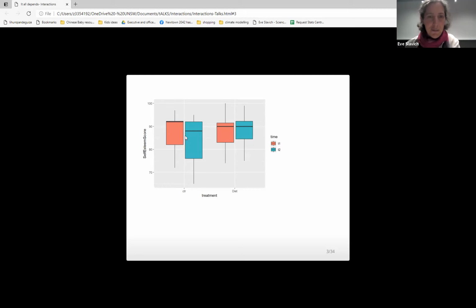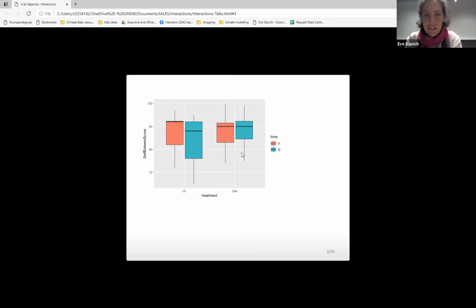So we've got the control group on the left, and it looks like at time 1, T1, the red box plot, their self-esteem scores were a bit higher maybe than at time 2, although there's a lot of overlap, so that looks like maybe no change. And then in the diet group, it also looks like no change, but maybe that effect is different to the control group, where their self-esteem went down.